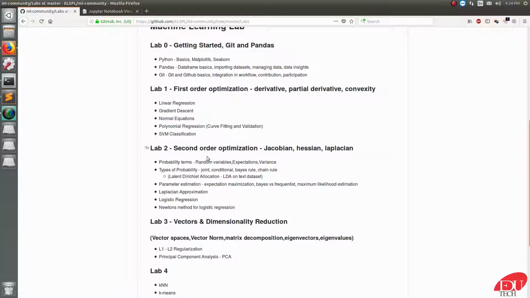Lab 2, I think, has the most intensive math of this entire course. So in lab 2 you will look at some mathematical concepts like Jacobian, Hessian, Laplacian, the probability terms, types of probability. There's the Bayes rule, inferential statistics, priors and posteriors, Laplacian approximation, and we'll use all of that in logistic regression, as well as Newton's method for logistic regression.